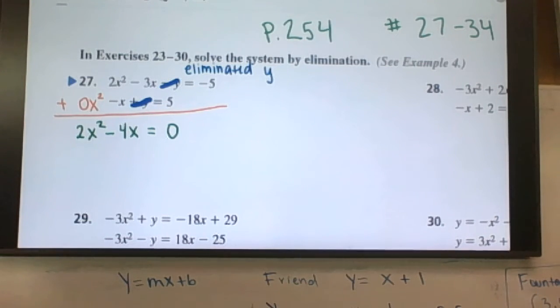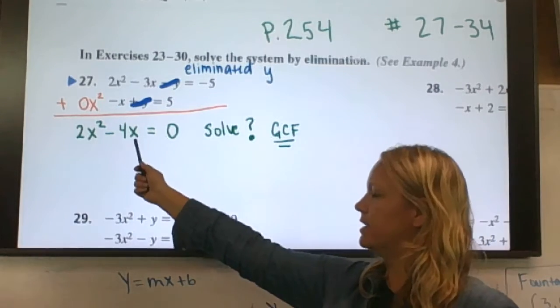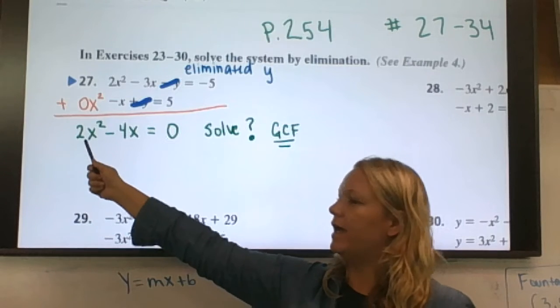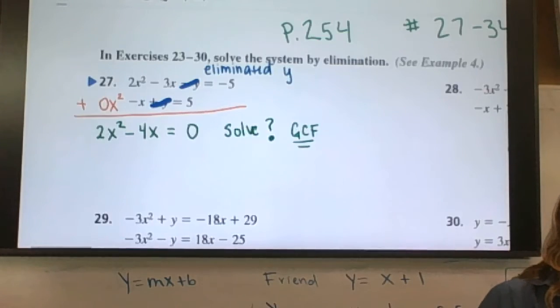So this is cool. It's already set equal to 0. But now how do we solve this? How do we solve it? You could do the quadratic formula. I see a lot of you using that. But this can also factor by GCF. When I look at the expression 2x squared minus 4x, they both divide by 2 and they both have an x, so I can factor by GCF here.